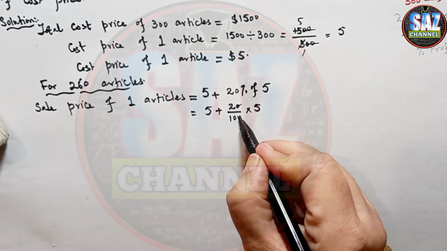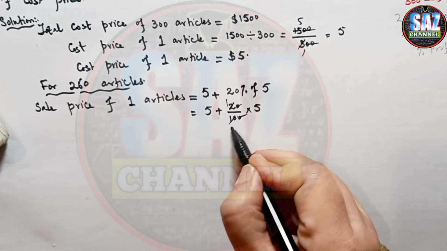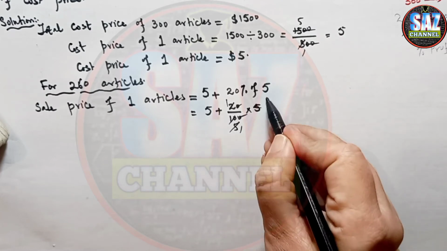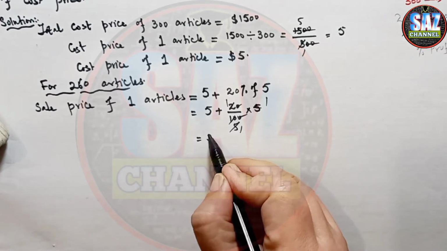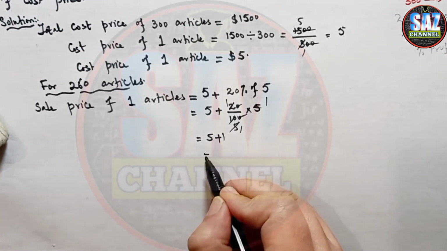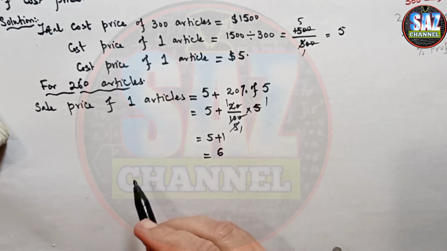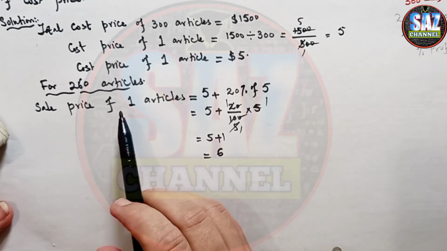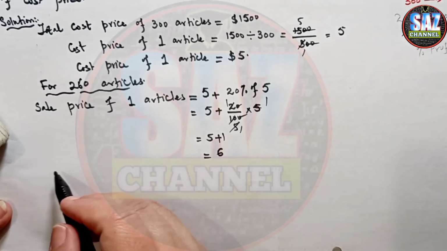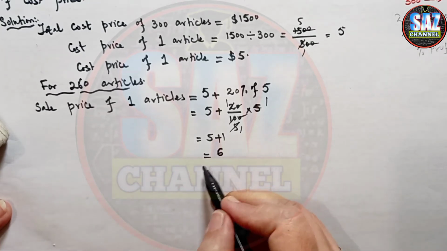The zero can go with zero, 2 ones are 2, 2 fives are 10, and 5 ones are 5. So 5 plus 1 is equal to 6. So the sale price of one article for these 260 articles will be $6.